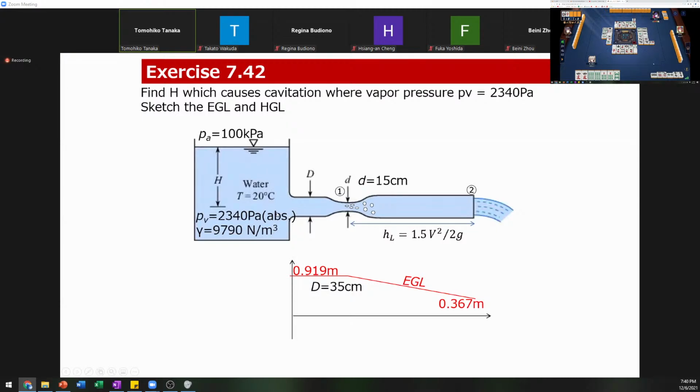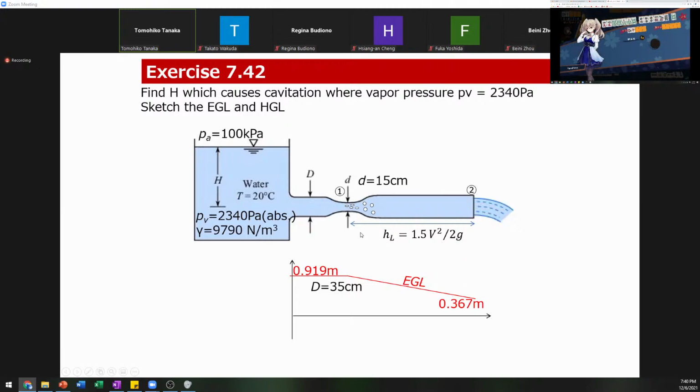And then you can draw the EGL and HGL. For EGL, total energy stays constant at position 1, but there is a loss, and it is reduced at the rate of HL.